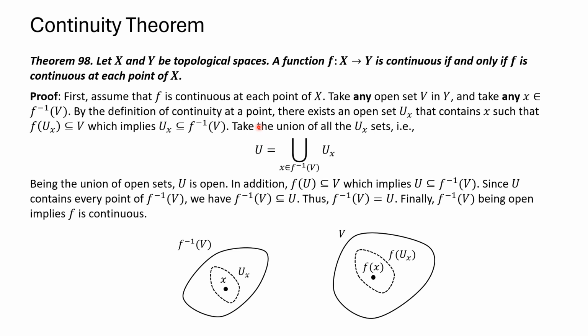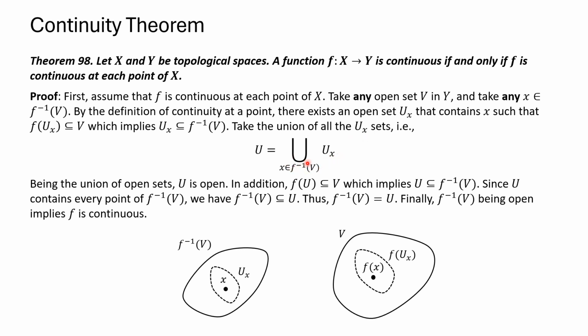That follows from the definition of continuity at x, which implies that if we take the inverse on both sides of this, then U sub x is a subset of f inverse of V. So we can draw this completely inside of the f inverse of V. We do that for each x in our f inverse V, we get a U sub x.